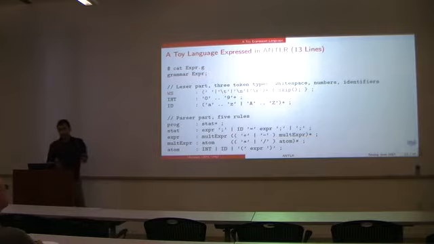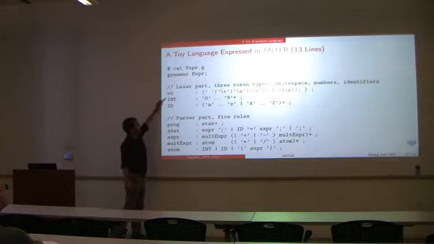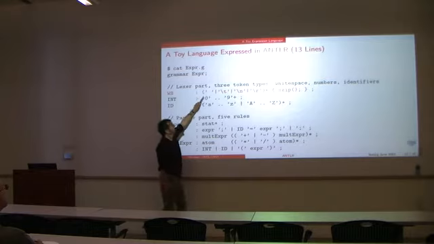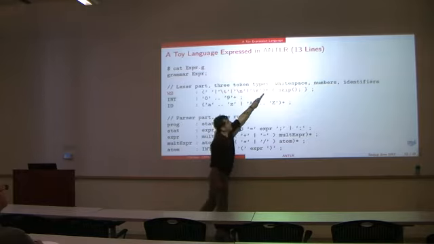So the first part of my grammar to describe this language is a set of tokens. I'm going to say white space is defined to be a space, a tab, a carriage return or line feed in these parentheses, and then a plus.